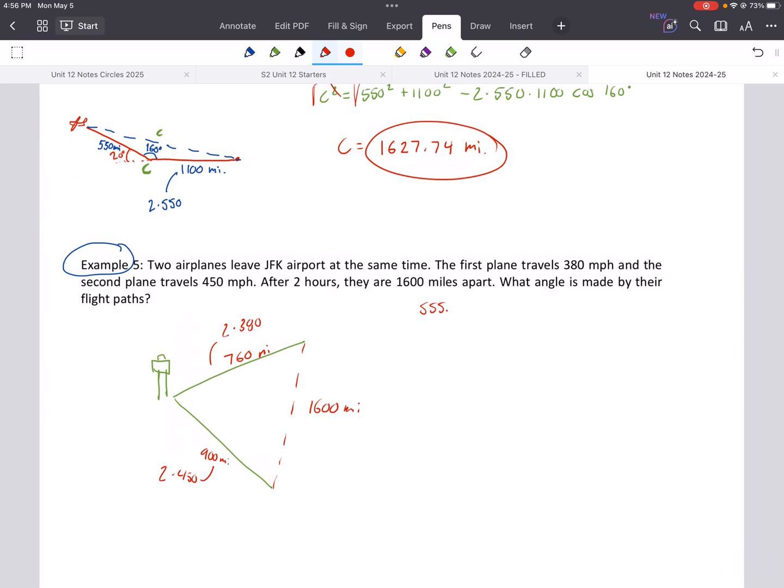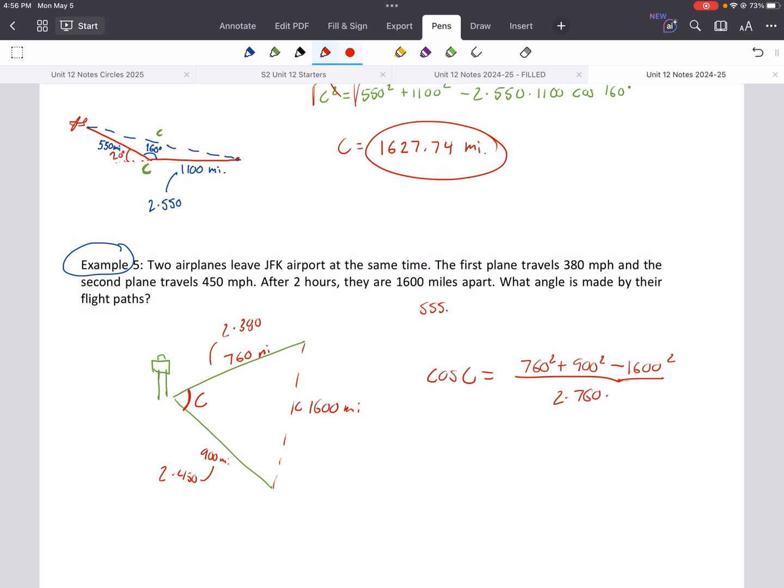So here we do law of cosines. Again, we're solving for the angle made by those 2 airplane paths. Okay, so we could call this big C. This would be little c. So when we set this up, we'll have cosine of big C is equal to, again, our adjacent sides. We would have 760 squared plus 900 squared, subtract 1600 squared, all over 2 times those same 2 adjacent sides.